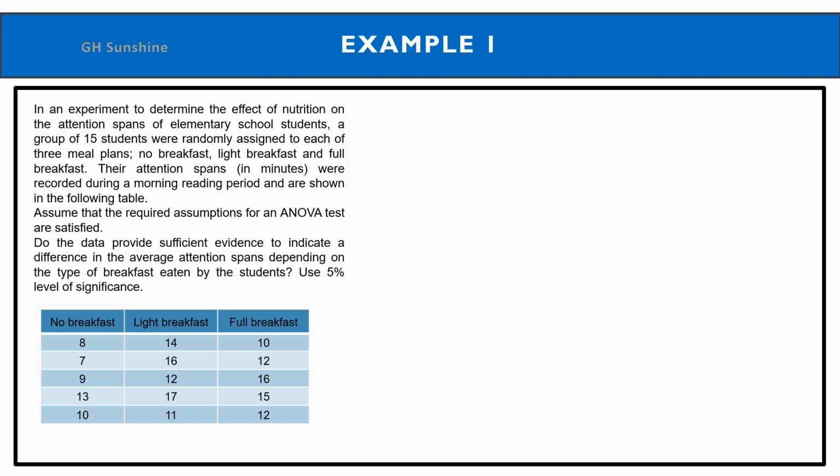So this one has 3 populations: no breakfast, light breakfast, full breakfast. 3 populations means that we will use ANOVA, analysis of variance. To perform this hypothesis testing, of course, first step, set up the H0 and H1.